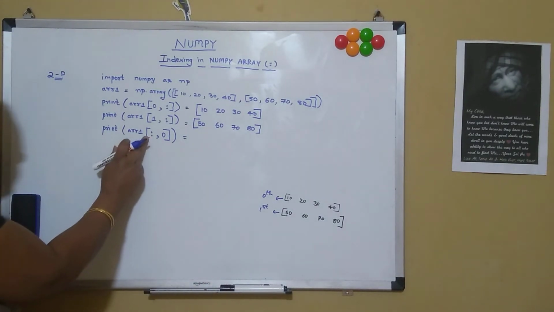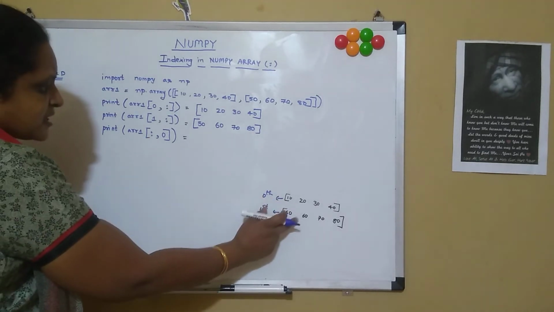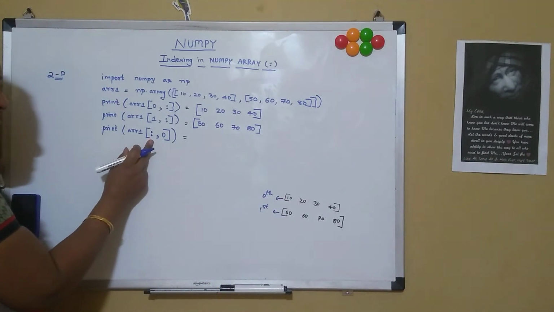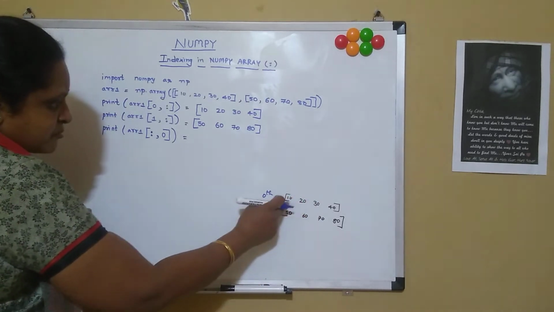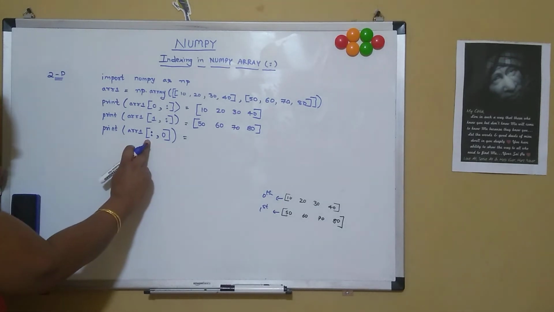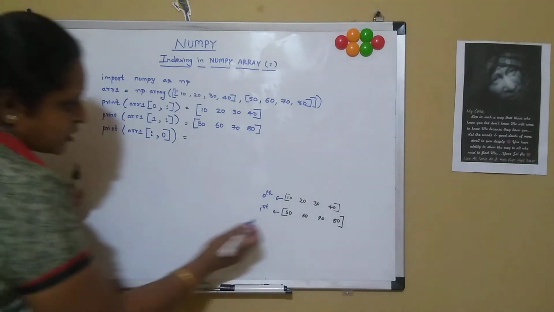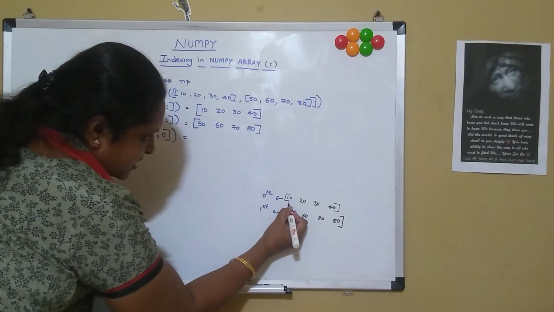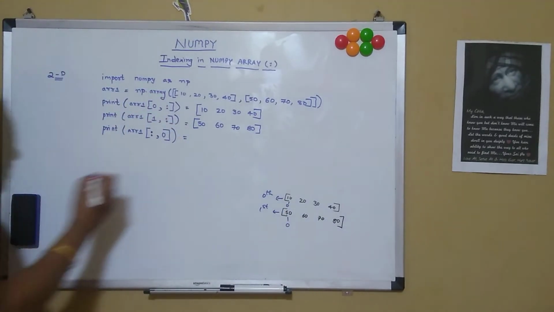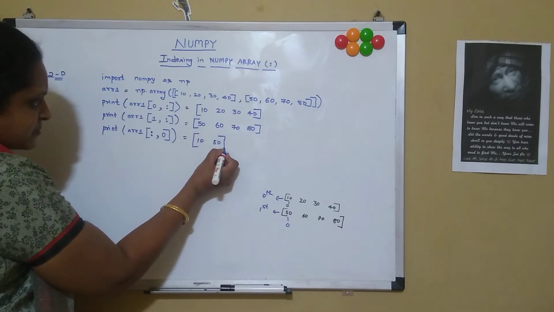Now I have given colon at the first index value. That means it will consider both the rows. If I give colon at the first position, it represents the rows. So it will consider both the rows, that is the 0th row and the first row. In both rows, it will consider the 0th element. What is the 0th element in the 0th row? It is 10. What is the 0th element in the first row? It is 50. So the output would be 10 and then 50.